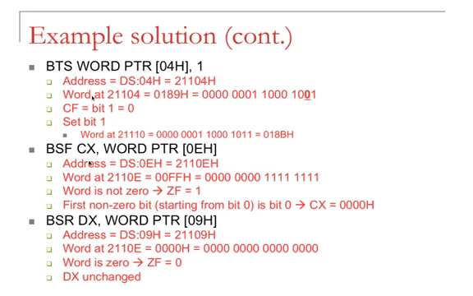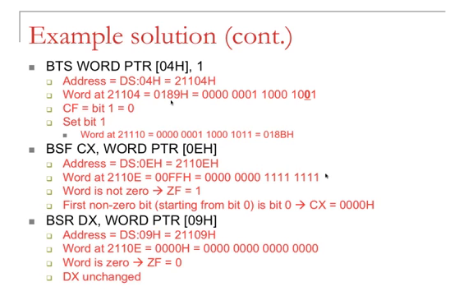Okay. So first, this is a bit scan forward. So we're going to scan some value forward. That means from right to left, and we try to find the first non-zero bit. So if you are given this value, you have all the zeros and ones in here, and you are scanning from right to left.